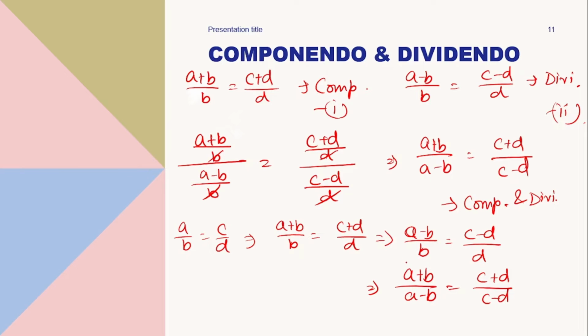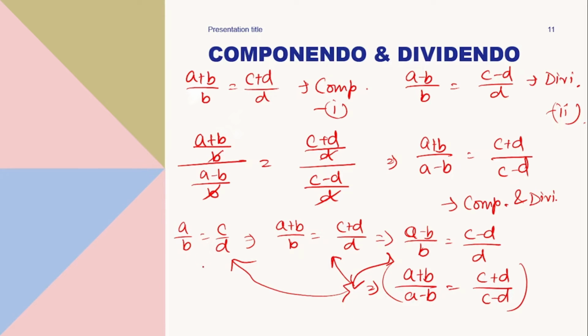So if in the question you have this type of structure, then you can jump to any of these, and also it will be vice versa.